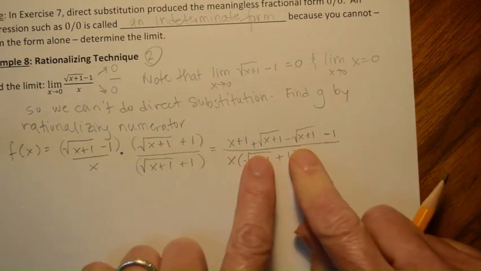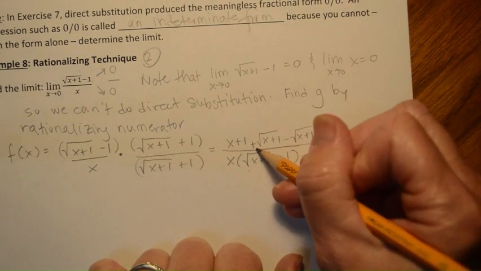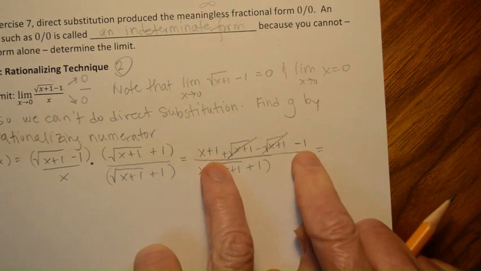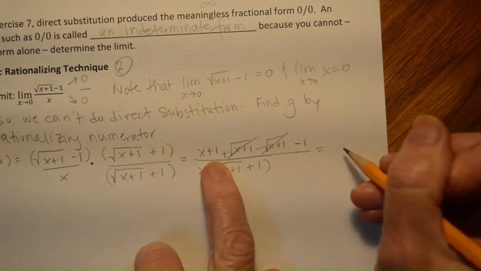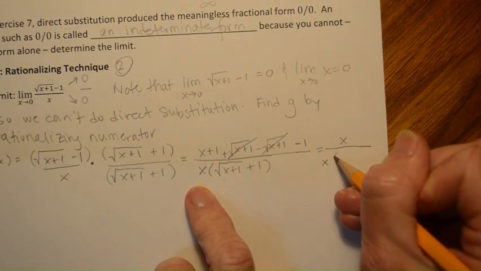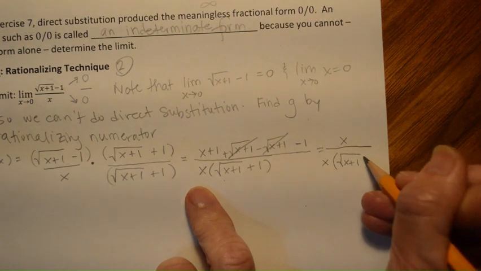Again, you don't need to write this step because they're always going to end up canceling out. So let's just knock them out, and we end up getting the x plus 1 minus 1, which just leaves us with an x in the numerator and an x in the denominator, which we're happy about because those we see will cancel.